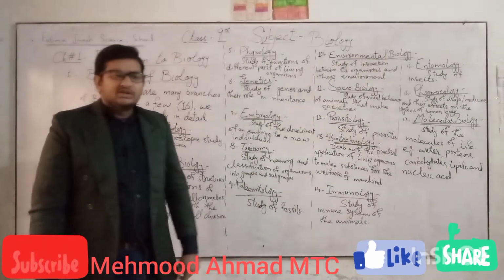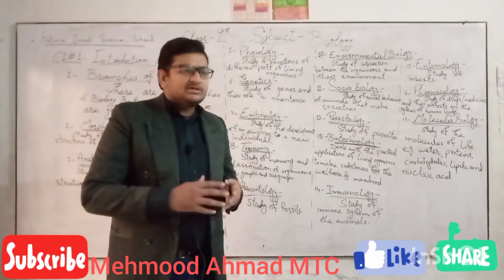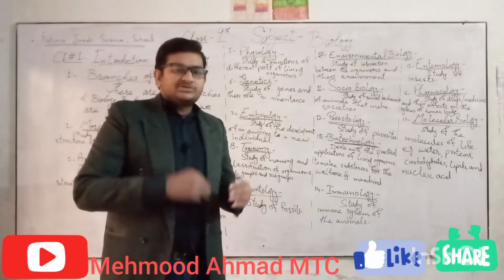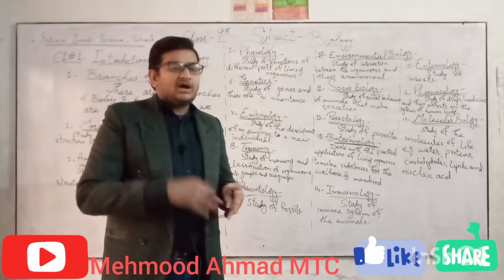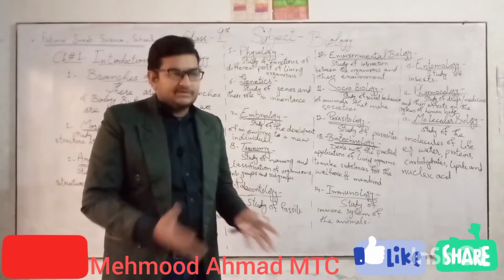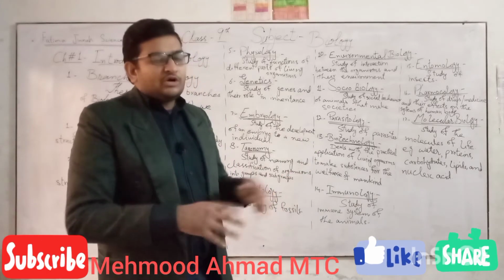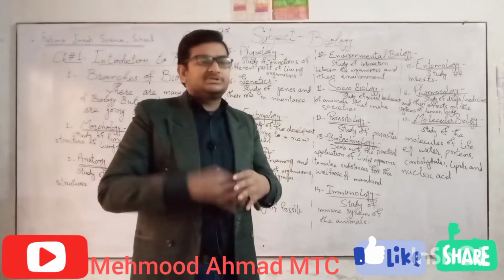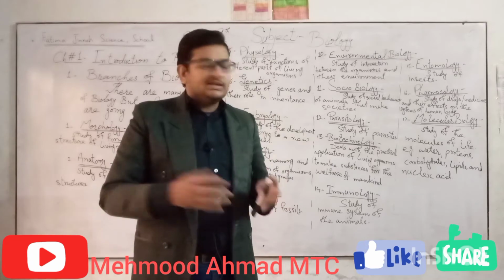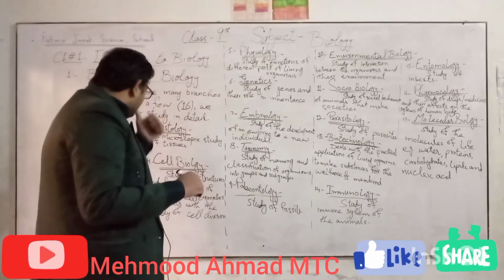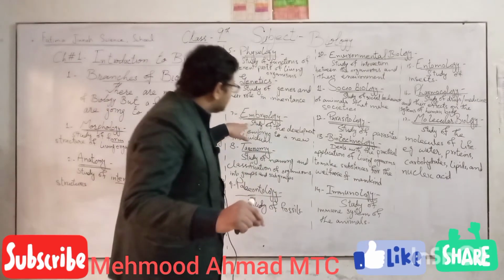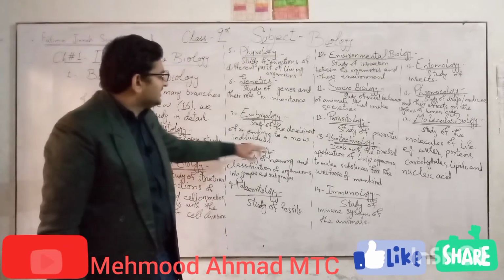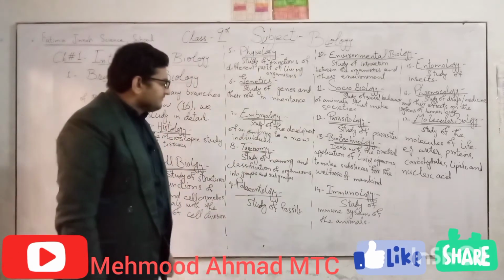If we want to learn about the embryo, that after how many days or weeks it transforms its shape, how does it transform its shape, when does he or she get the arms, legs, heart and other organs, we will study all this in embryology. The eighth one is taxonomy. What is taxonomy?